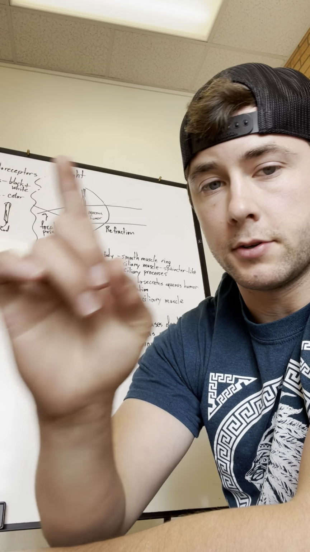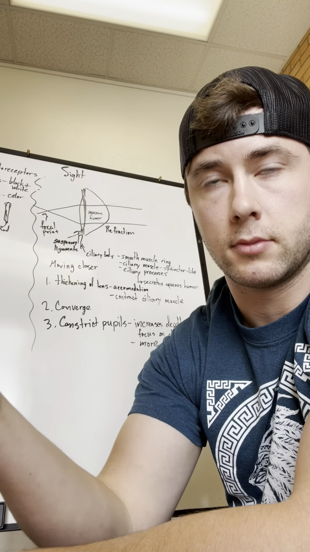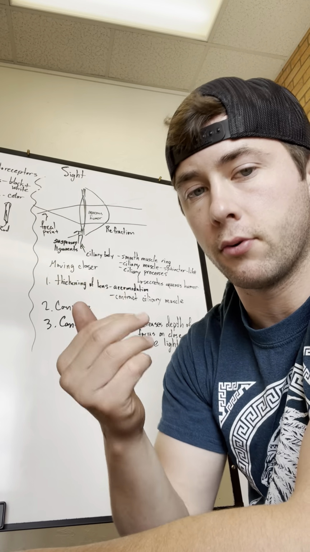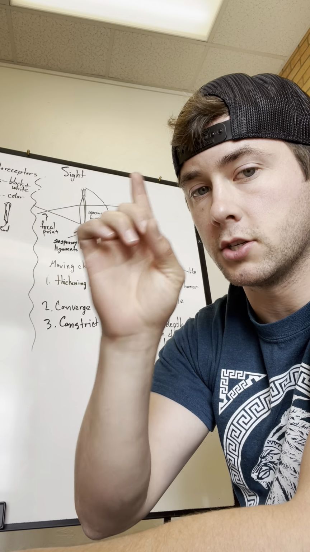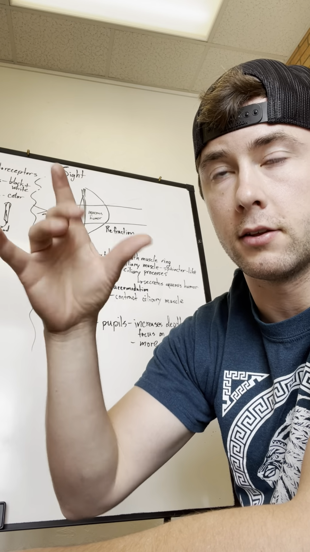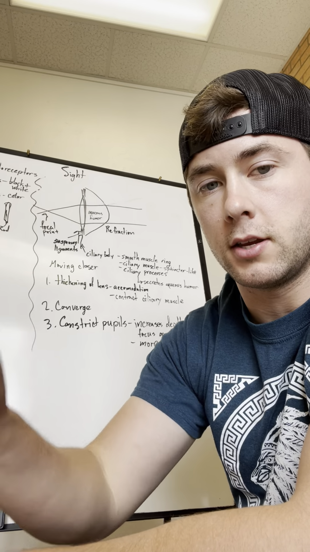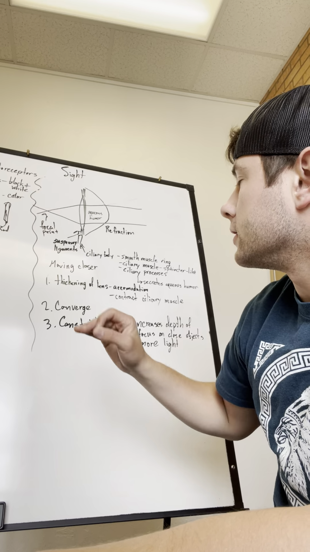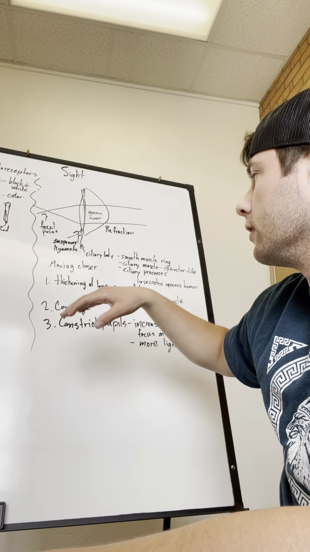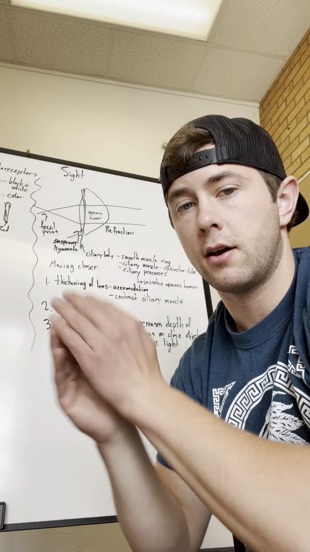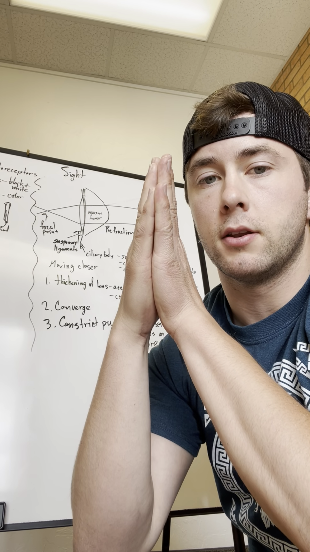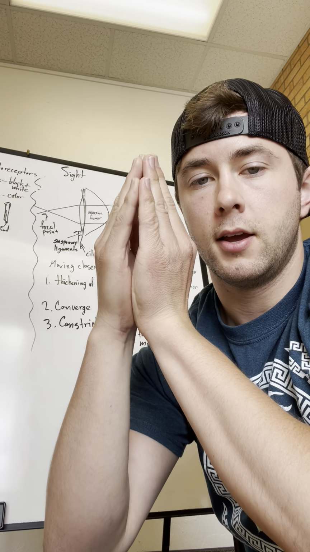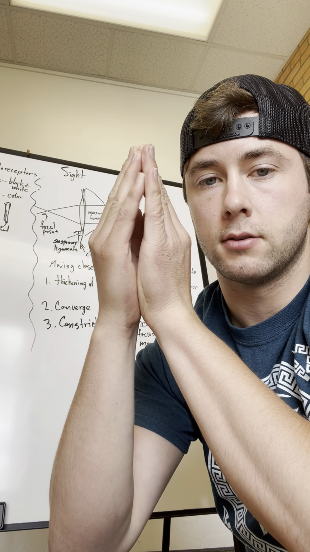Okay, so with that in mind, this is all just to help us focus objects onto our retina, because it all has to hit at a certain point on the retina. So you have to adjust the front part of your eye, the lens and such, so that you can focus it back onto that back part of the eye. There are a couple of ways it does this. One is the thickening of your lens, which is called accommodation. It's when you contract the ciliary muscle and the lens becomes convex.